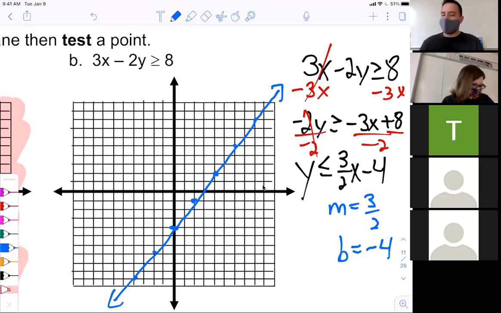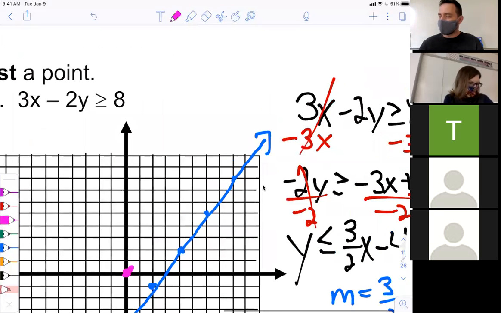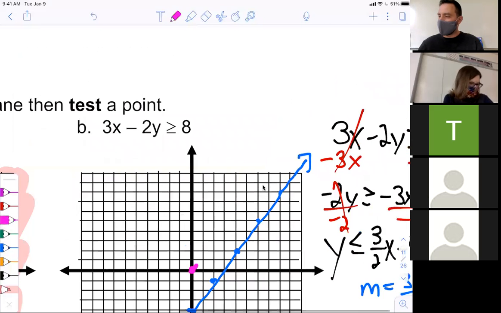And now we want to pick a point. In this case, it looks like 0, 0 is pretty far away from the line, so we could try that. So I'm going to do a quick test point. And again, these test points should not take you a long time. I'm going to use 0, 0.